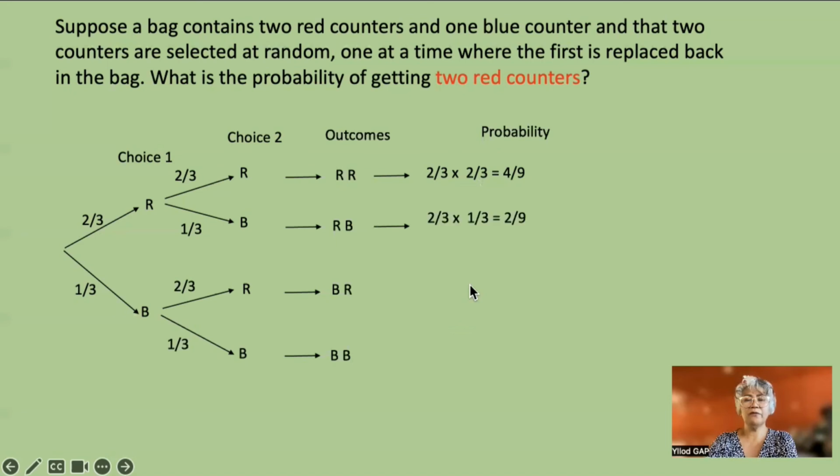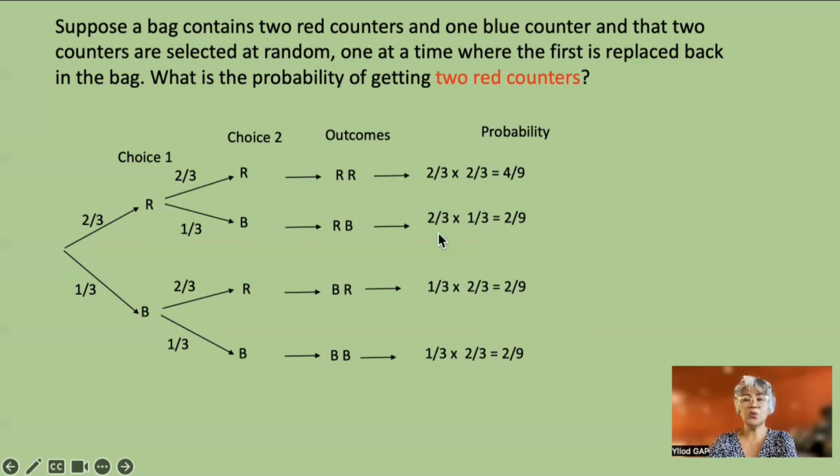So next we have 2/3 times 1/3. Multiplying these two fractions, we have 2/9. Then you have 1/3 times 2/3 equals 2/9, and then you have 1/3 times 1/3, equals 1/9.